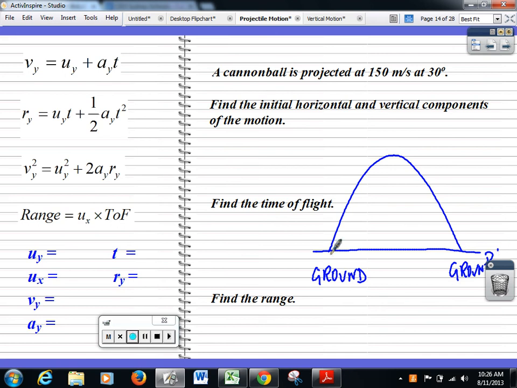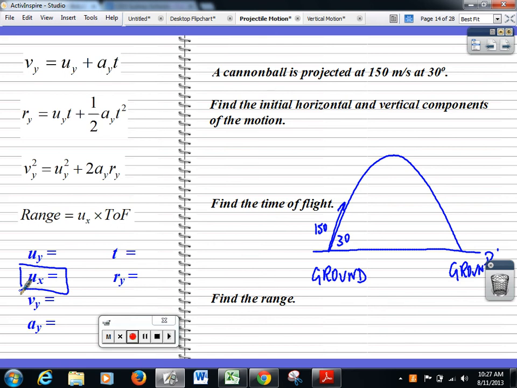It's been projected at an angle of 30 degrees and 150 metres per second. To work with this, we use the UVART system again, with one addition. The UVART, we're going to have two U's at times. UX is the horizontal motion. All the other parts of the UVART are the vertical motions.